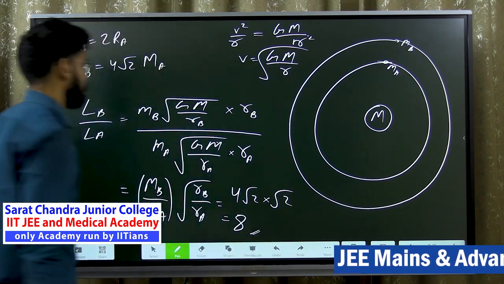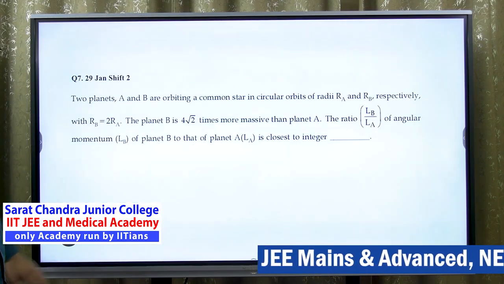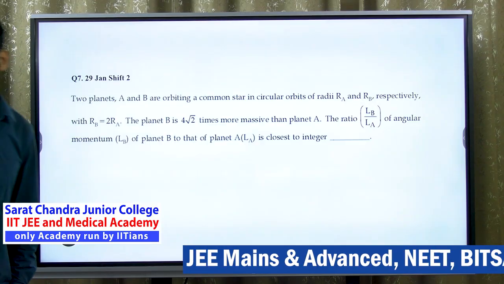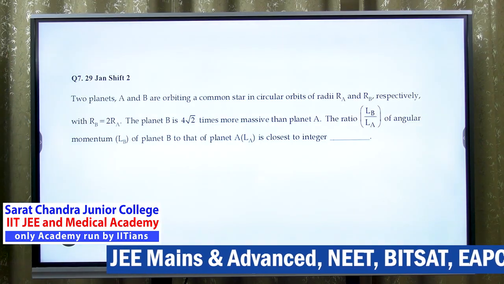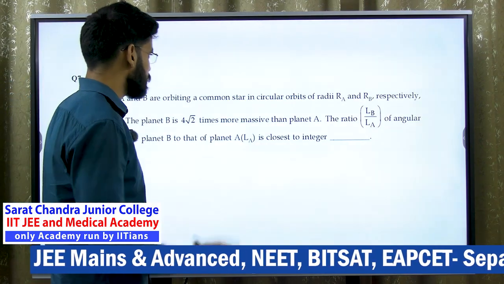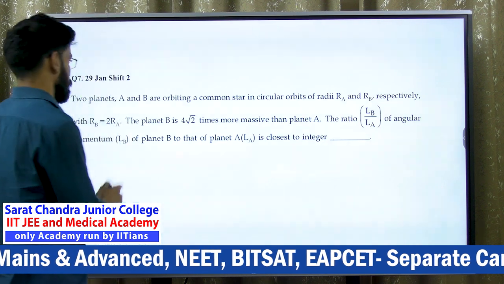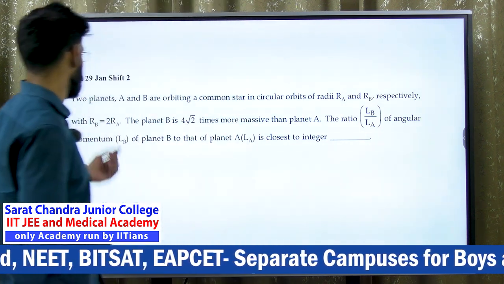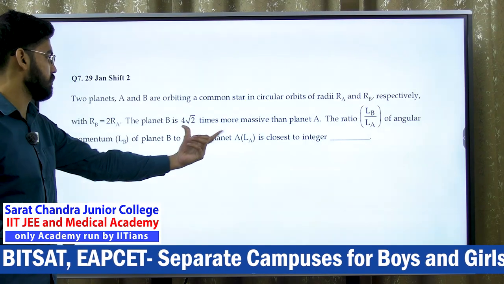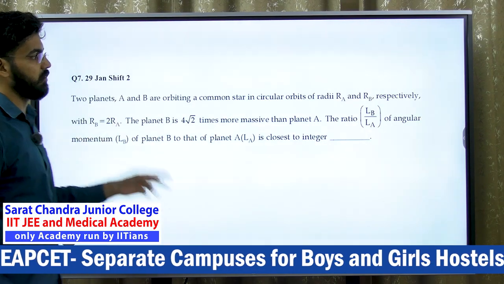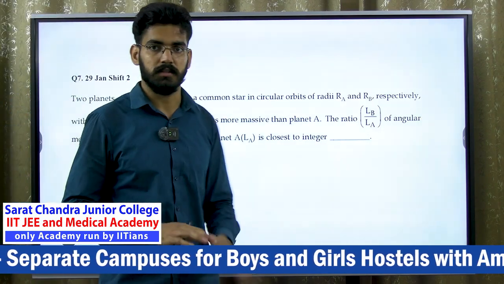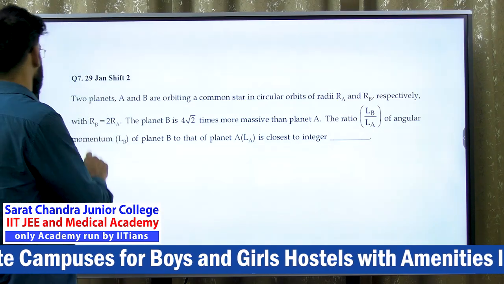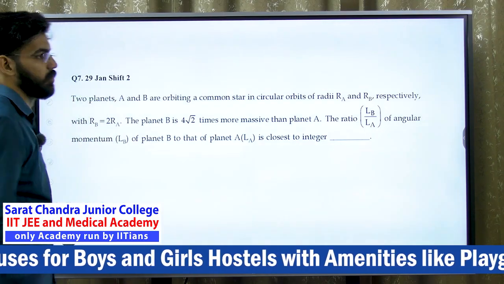Okay, so 8 is your answer. So for this, the answer is 8. Question number 7, answer is 8. Two planets revolving around a star of capital M mass, you assume. Mass of these planets is given, the relation, and the radius relation is also given. Angular momentum is MVR, that's it. So that's about this chapter.